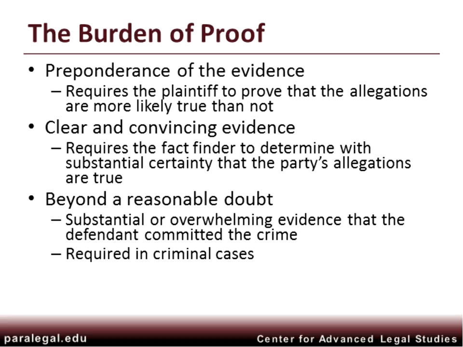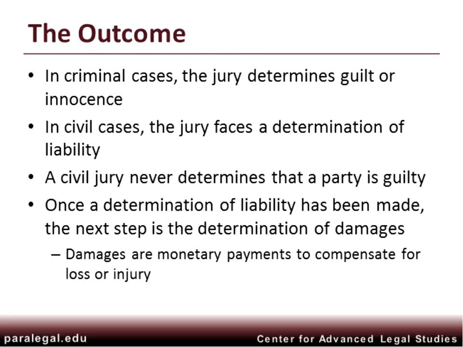Somebody's trying to get a judgment for money. So as a result of that, it's a less strict standard. So that's really all you need to know about burden of proof. Know what the burden of proof is civilly, a preponderance of the credible evidence, and know that it is a lesser standard than what we use in criminal court.